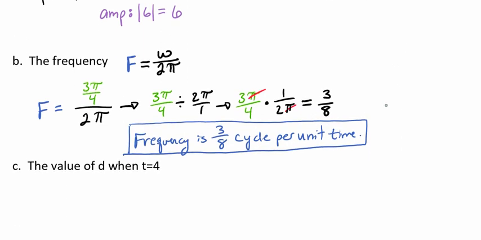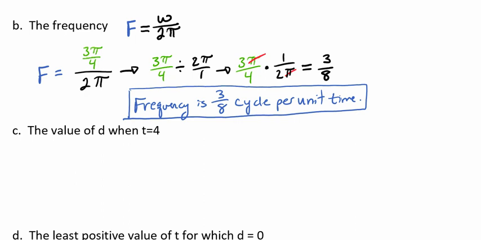Next, we want to find the value of d when t equals 4. Remember that our equation is d equals 6 times the cosine of 3 pi over 4 times t. We're simply going to replace our t with a 4.